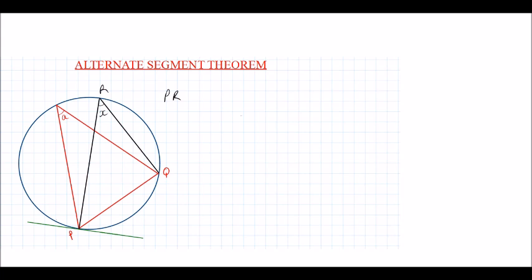That passes through the center. There is another subtended angle which I have labeled X. This one passes through the center of the circle, so PR is the diameter, okay? PR is the diameter.